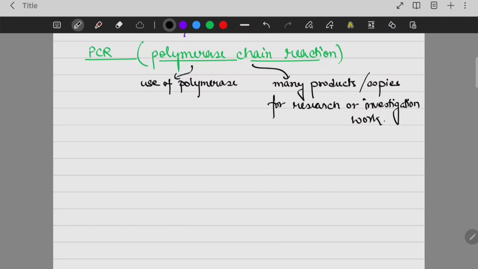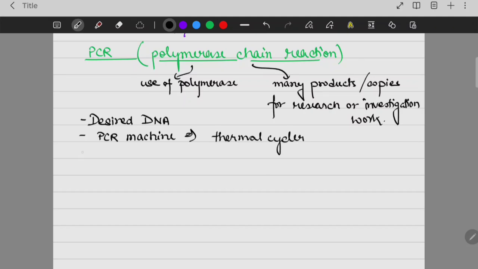So what are the requirements in this PCR technique? There is a template DNA, or the desired DNA, I would say. The PCR machine is required. This PCR machine is also known as a thermal cycler. Different primers are also required. You know that for the replication process, an RNA primer is a must.